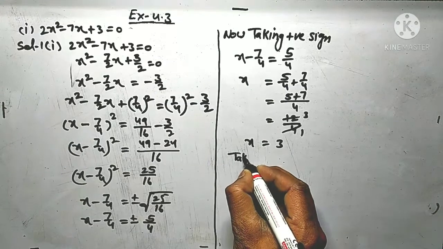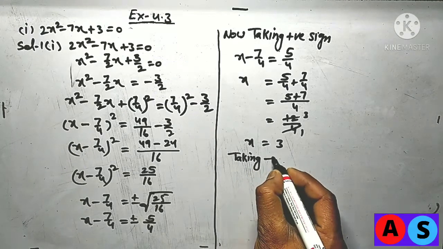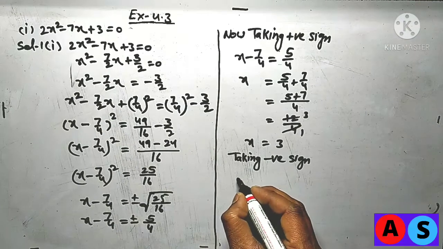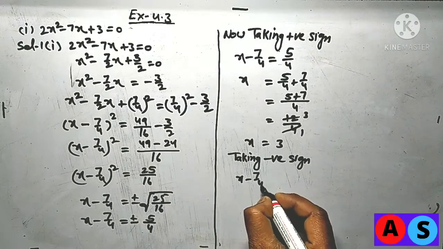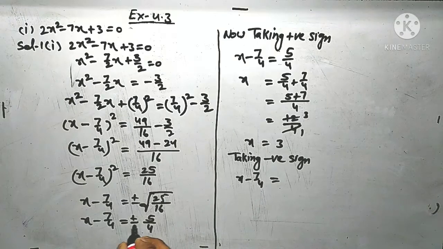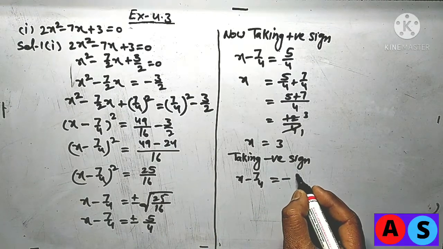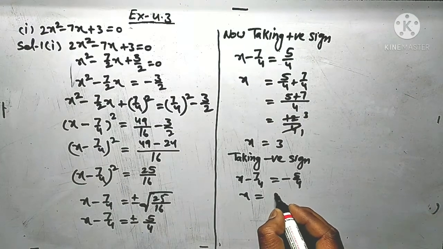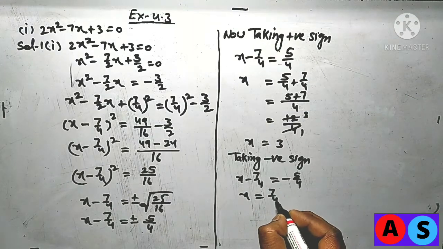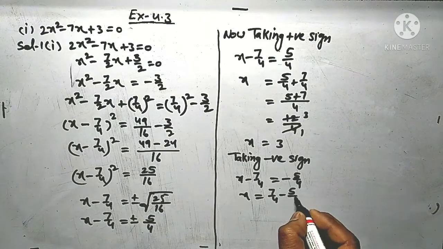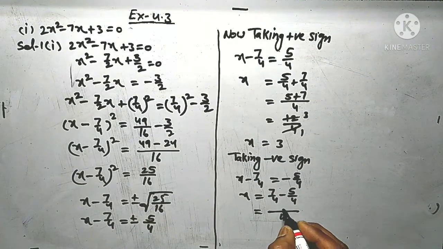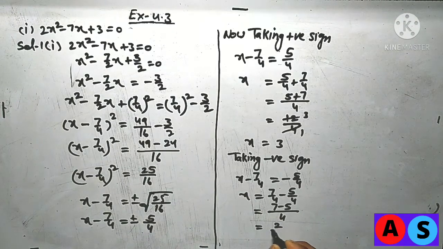Taking the negative sign, we write x minus 7 over 4 is equal to minus 5 over 4. x is equal to 7 over 4 minus 5 over 4 is equal to, we take 4 as LCM, 7 minus 5 is equal to 2 over 4.